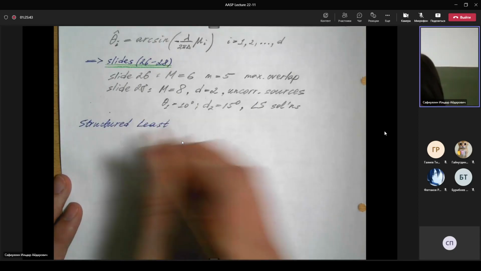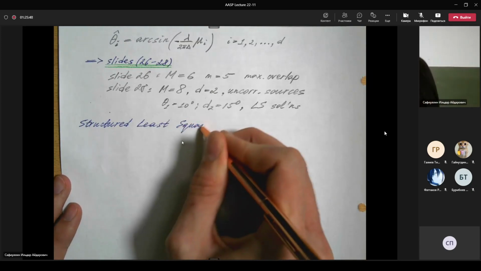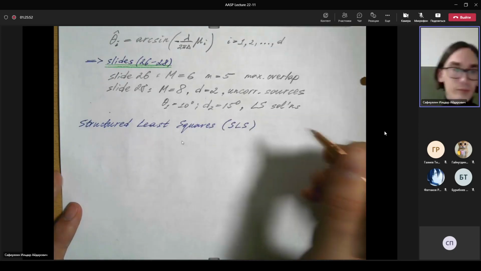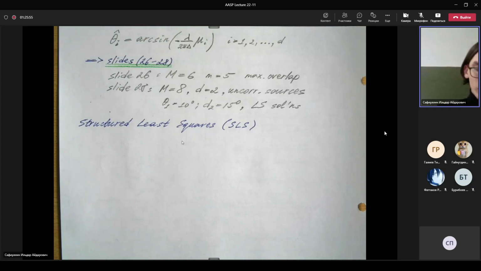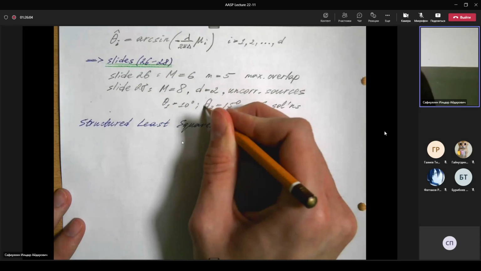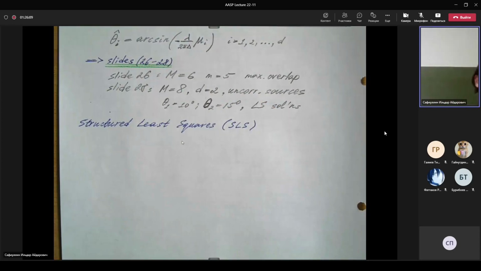Structured least squares, or SLS. Oh, T2, of course. The direction of arrival. Thank you. Structured least squares solution.